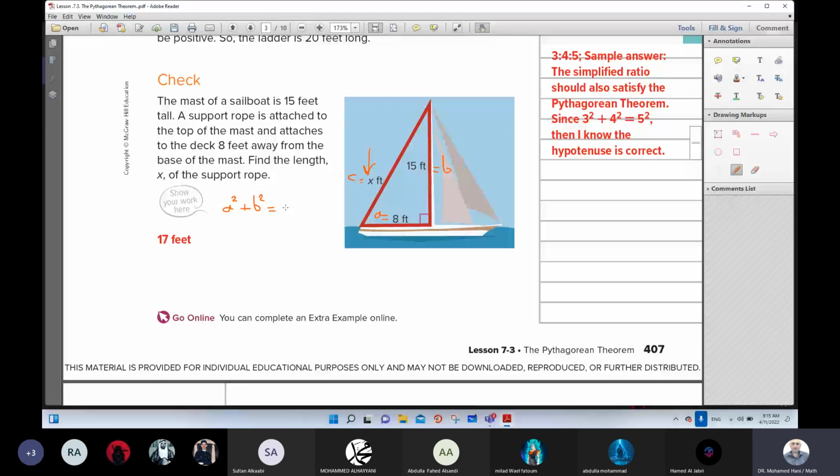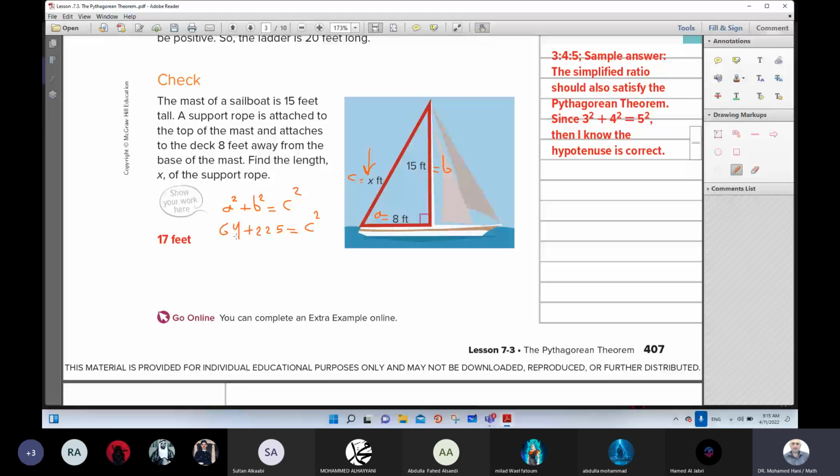So A squared means 8 squared. 8 squared means 8 times 8 will be 64. B squared means 15 squared. 15 times 15 will be 225, equals C squared.